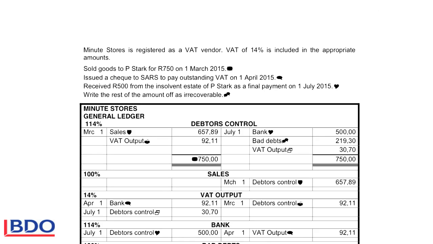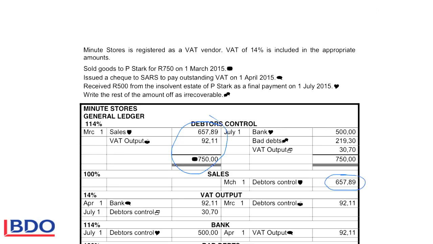We know that as soon as we sell goods, the amount that's sold to them will include VAT. So therefore, the debtors will be debited with 750 Rand, including the VAT. We will calculate on the 750 what is the amount excluding VAT, so 100 over 114, and that will give me the sales figure.